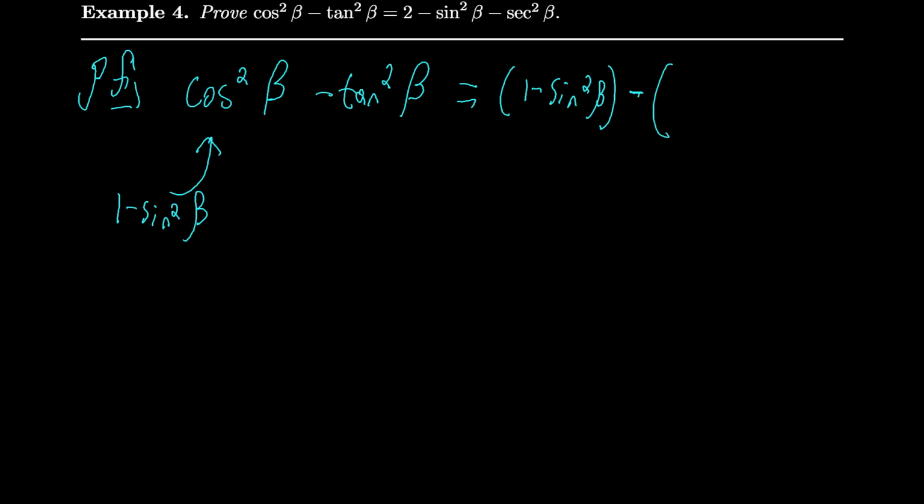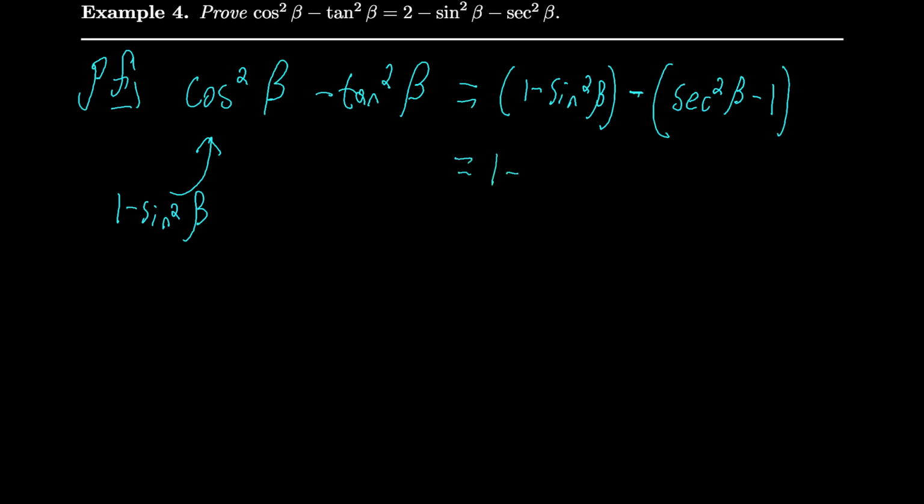What is tangent squared beta equal to? Well, it's equal to secant squared beta minus 1. That's one of those alternate forms that we solved for. You have that tangent squared plus 1 is secant squared. So if you subtract 1 from each side, you get that. Well, let's just follow our nose on the rest of this.